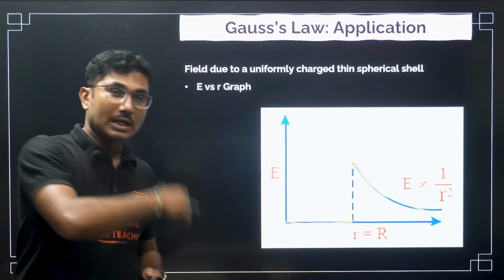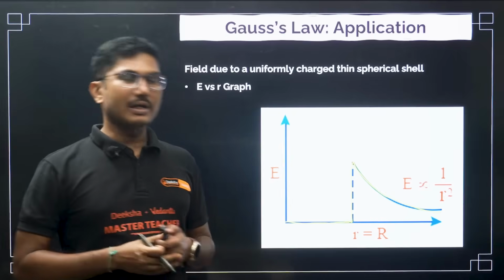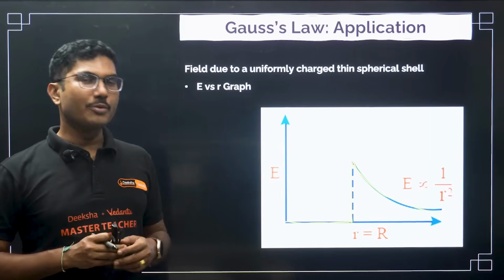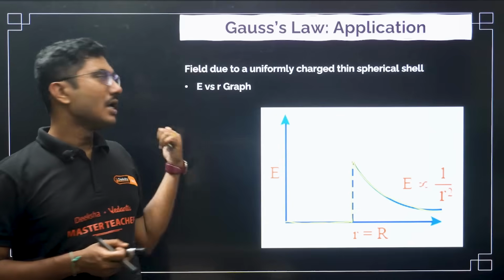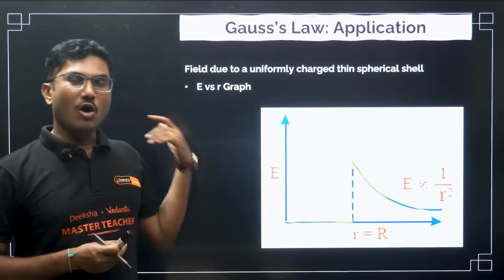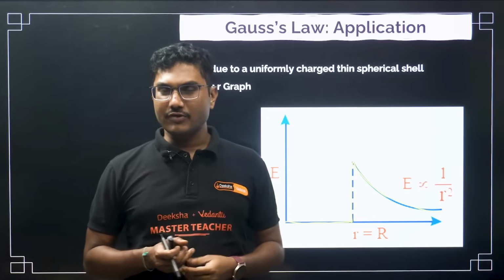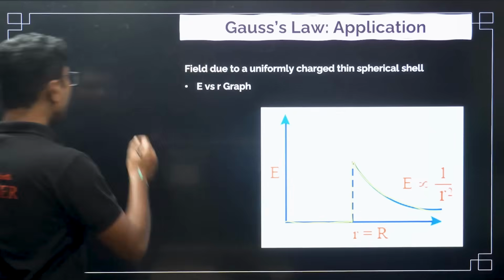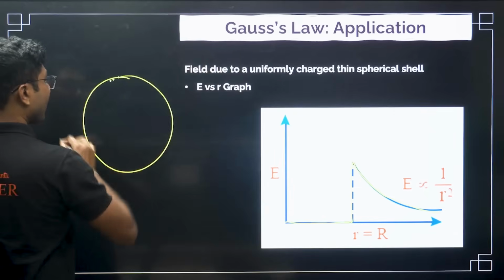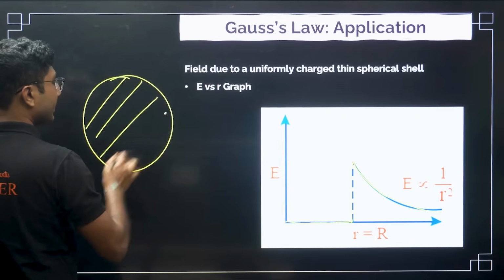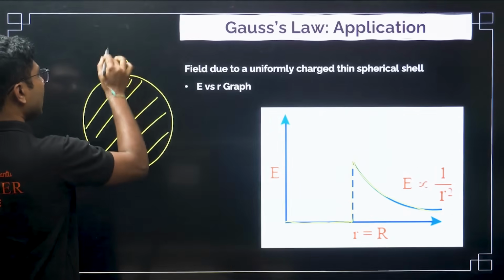We will learn about that property in the next chapter, but this is a very important point to remember, because in Gauss's law applications sometimes this question comes. All the excess charge will stay only on the surface of a conductor, even if it's a full solid sphere.